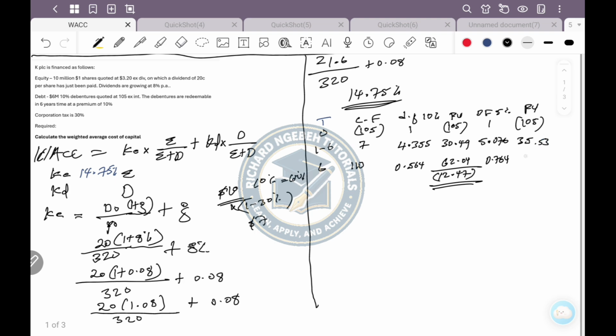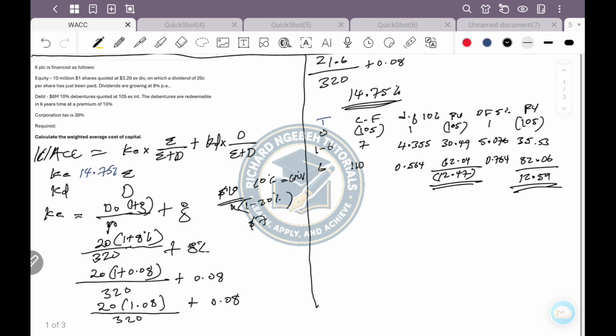Here you'll be able to get 82.06, and when you add them, take your calculator and add, what you get is going to be 12.59. This time around positive.